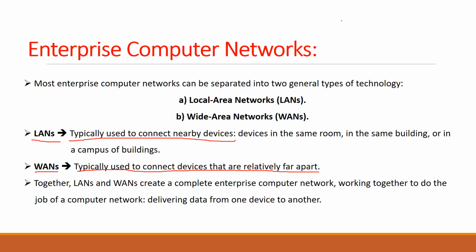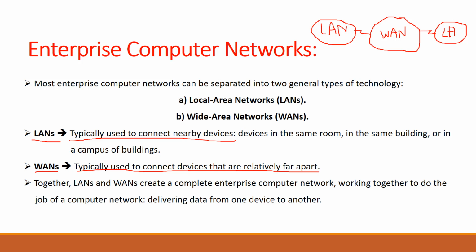Or if you have a LAN here, LAN 1 and LAN 2, and they are far from each other, you can use a service provider WAN network to connect your LANs. So this is LAN 2 and this is LAN 1.